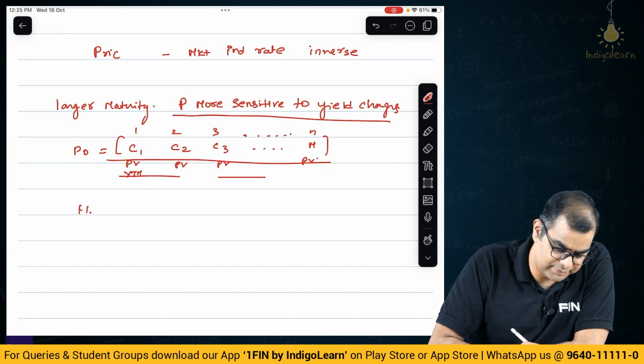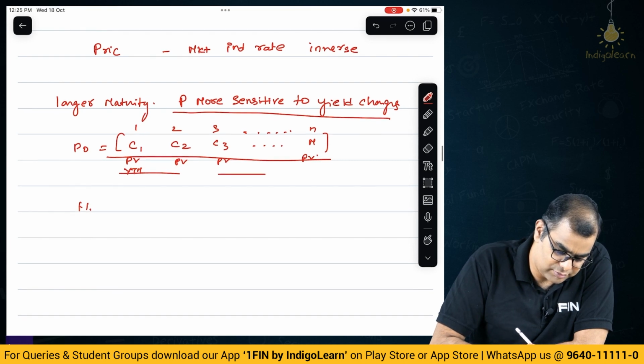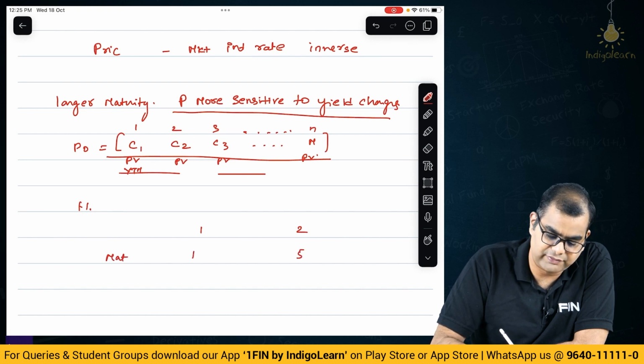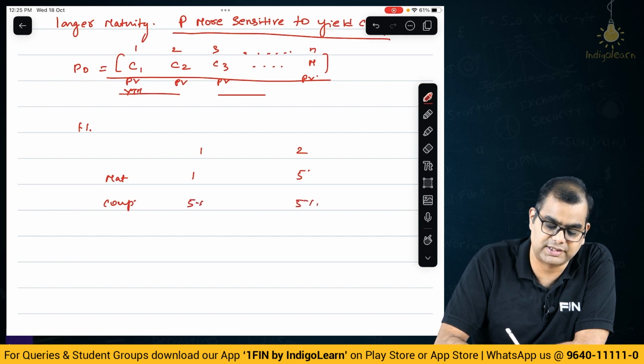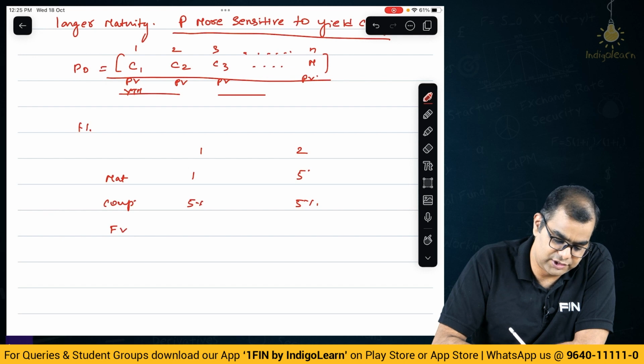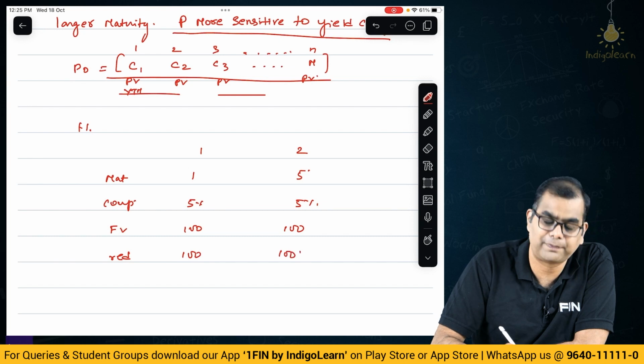I will just give you a simple example. Let us take two bonds, bond 1 and bond 2, maturity 1 year and maturity 5 years. Coupon let us say is 5% in both cases. Face value 100, 100, redemption value 100, 100.